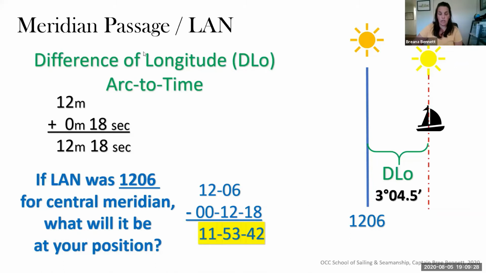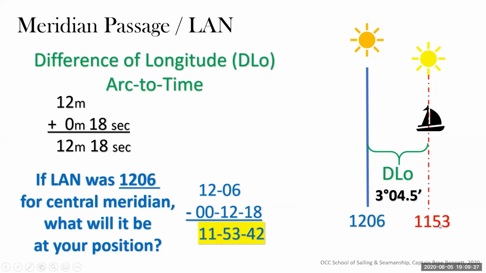So if it crosses the central meridian at our 12:06, 12 minutes and 18 seconds before that, at about 11:53, it's going to be happening to us. Again, this is closer to 11:54, but you want to err on the side before so you don't miss it. So we have 11:53 is when it would be happening to us.